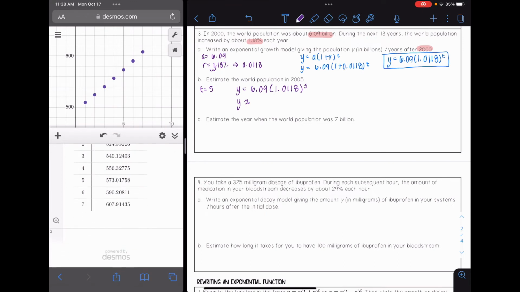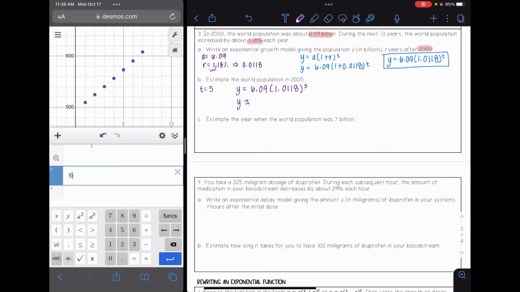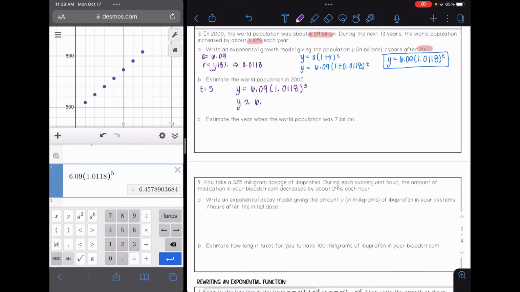And so I can use Desmos for that again. So do 6.09 parentheses 1.0118, close parentheses, raised to the fifth power. And rounding that to the nearest hundredth, I get that y is approximately 6.46 billion.